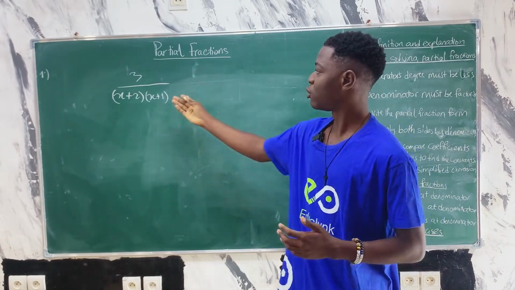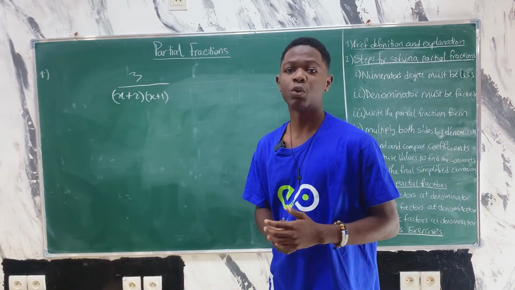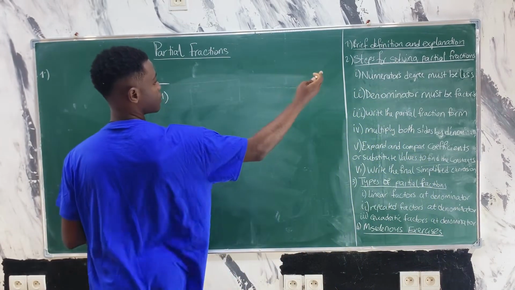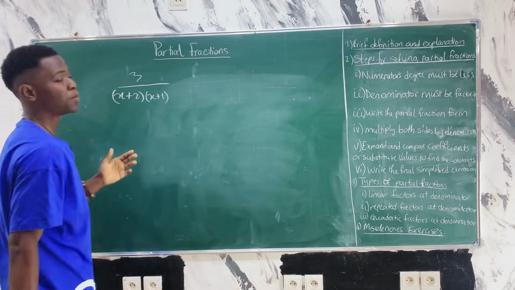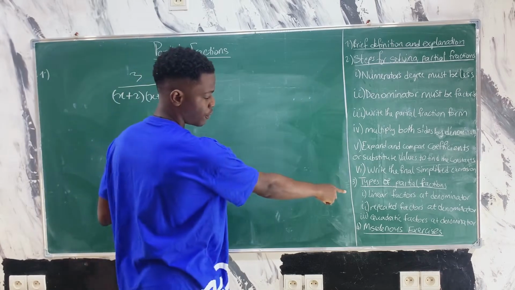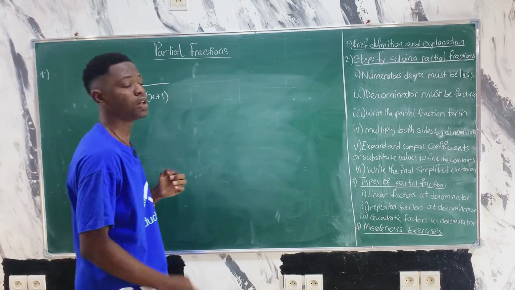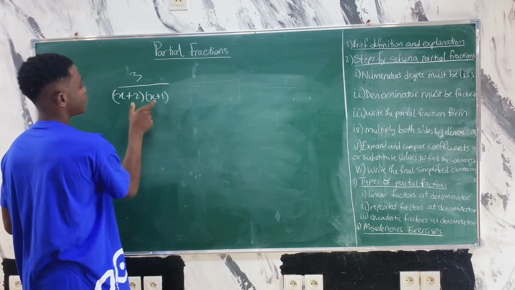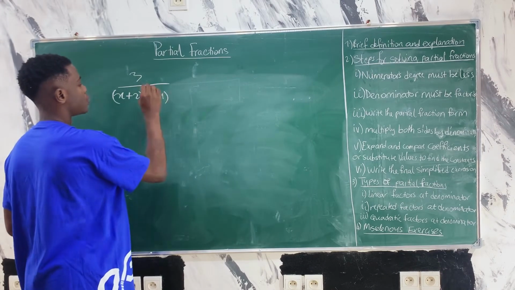So this is a fraction. If you want to represent it in partial fractions, this is linear. There's no square, there's nothing like that.